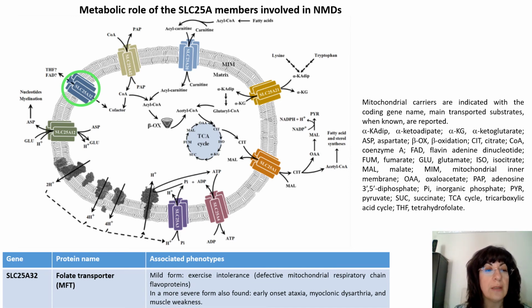Mutations found in this gene are responsible for two different associated phenotypes. In this case, we have impaired ATP production because we have low levels of FAD in the mitochondrial matrix, which impair the function of mitochondrial respiratory chain flavoproteins.